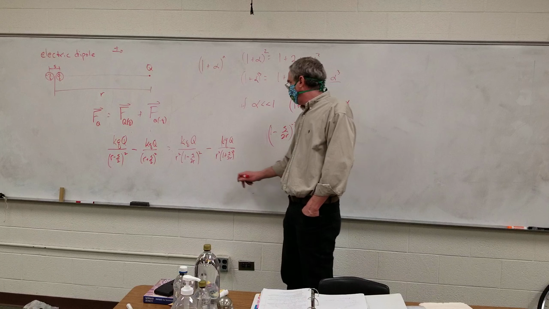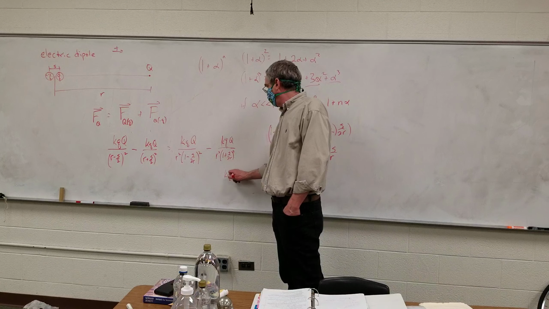And so this becomes k little q big Q over r squared times 1 plus s over r minus 1 minus s over r. The ones will cancel out. I'm left with k little q big Q over r squared times 2s over r.